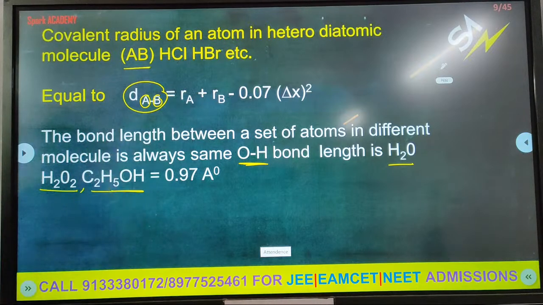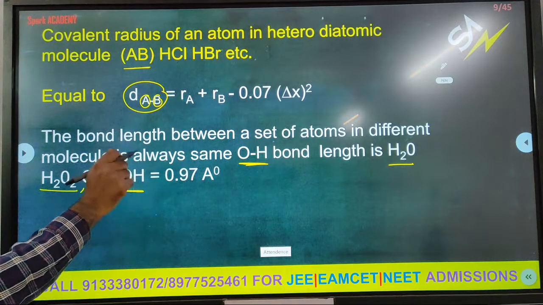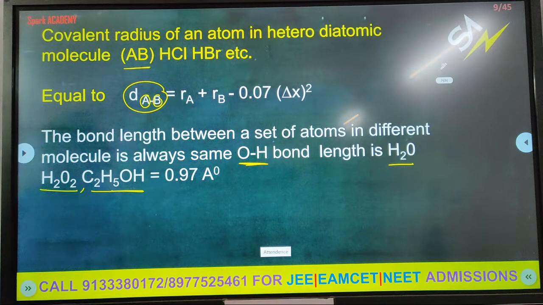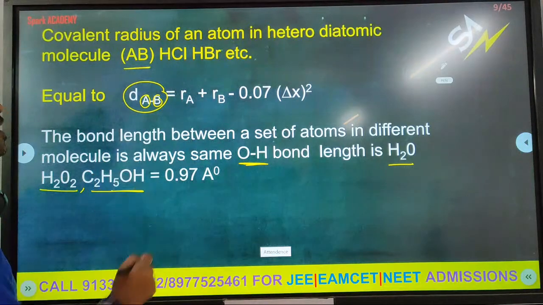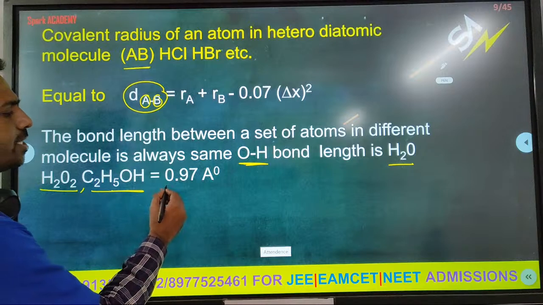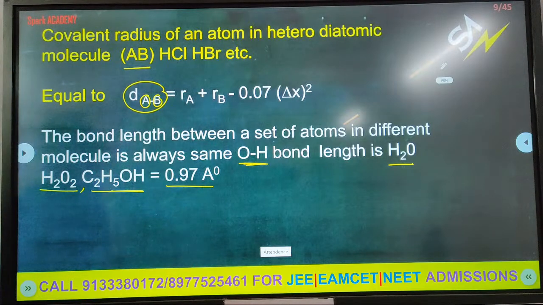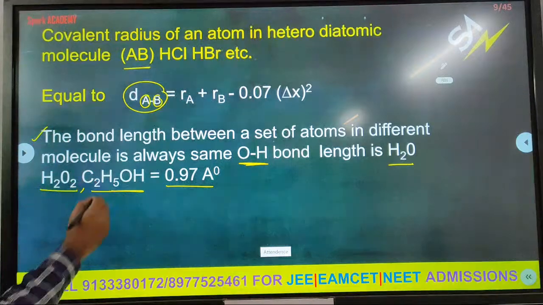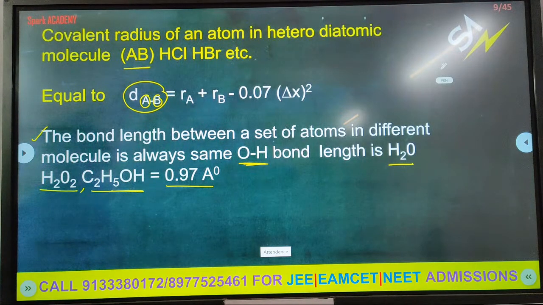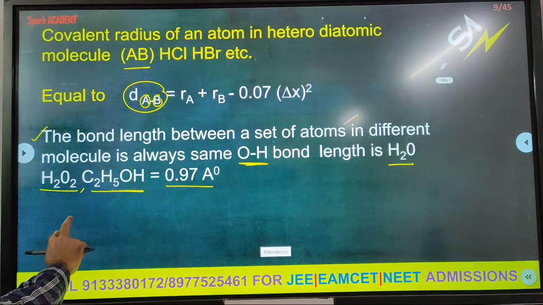They are different sets of atoms, but the OH bond length is the same, that is 0.97 angstrom units. So this statement is regarding different molecules which contain the same OH bond length of 0.97 angstrom units.